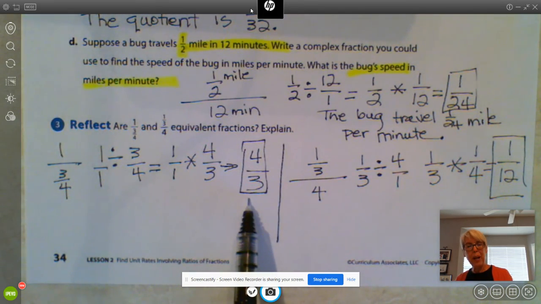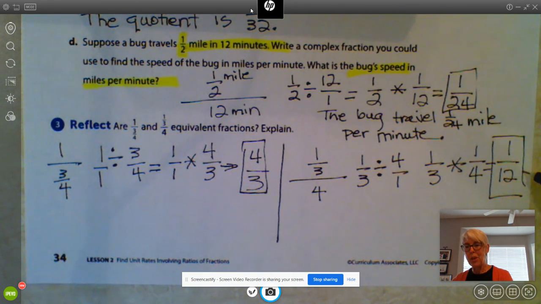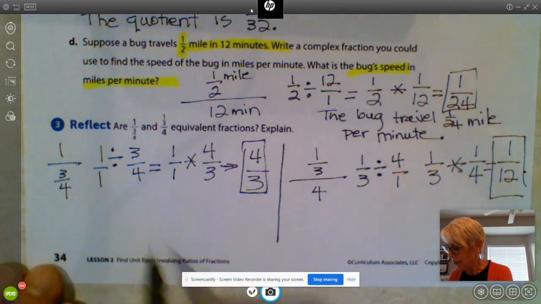Now, what do you know about 4/3? Because it's an improper fraction, you know that it's greater than 1 whole. And what we know about 1/12 is that 1/12 is pretty small. Think about a pizza divided into 12 parts. You only get one of those parts. So these are not equivalent fractions.